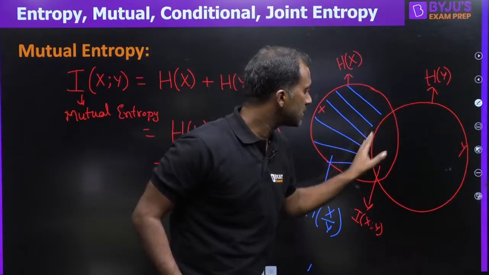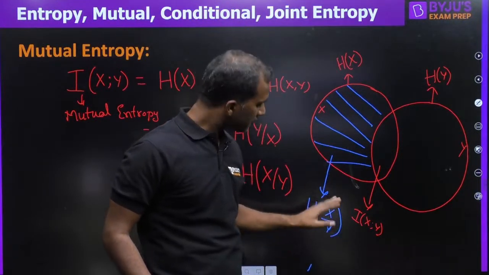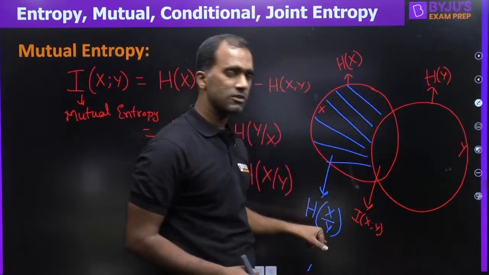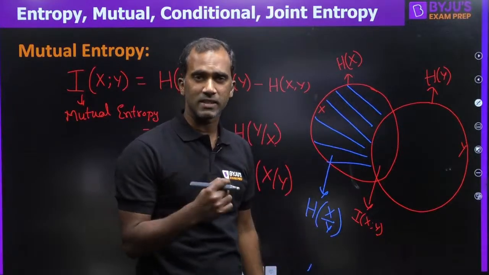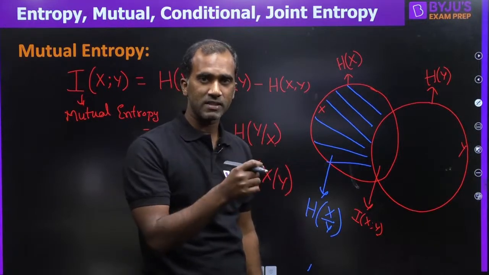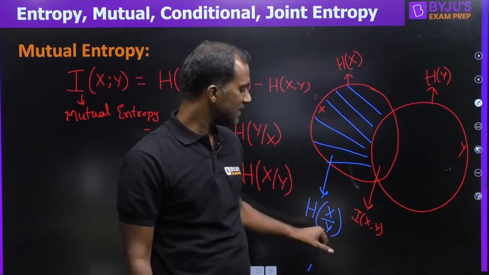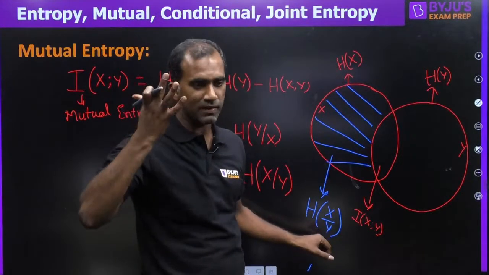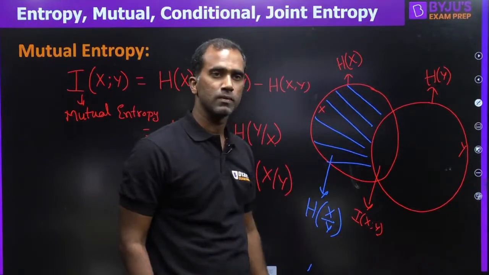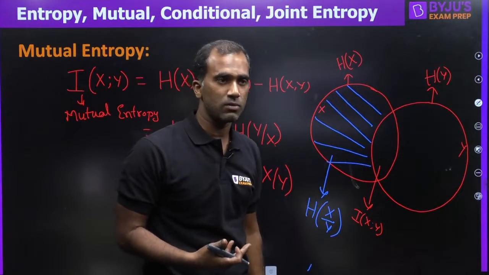Y has happened means all this information you already know. What is the information that is left in x after knowing y? Only this part, right? H of x given y means information in x that is not common with y. Because given y, you know the information in y. Whatever is the information that is common between x and y, that also you know. Entropy means the unknown things, information about unknown things.